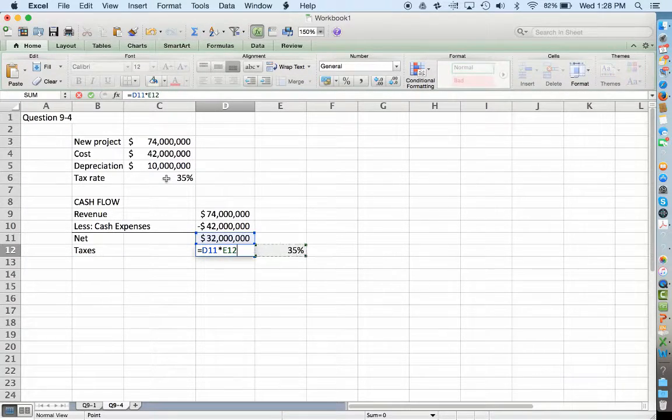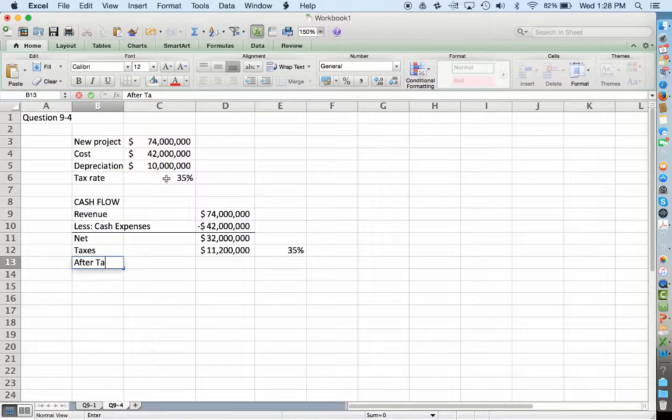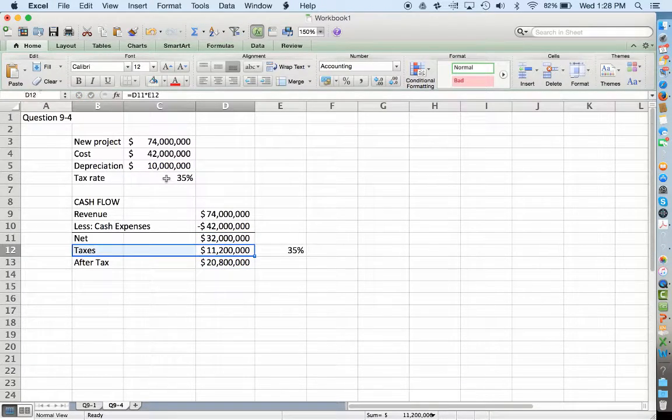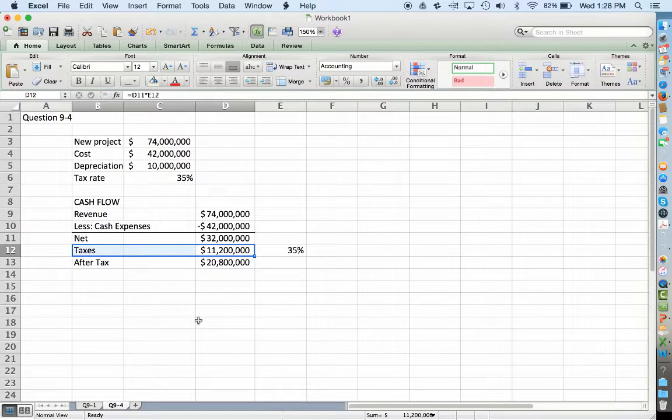And then I will get after tax. Like so. So if I just take revenue minus the expenses and then I tax them, after tax I'm going to have 20,800,000.